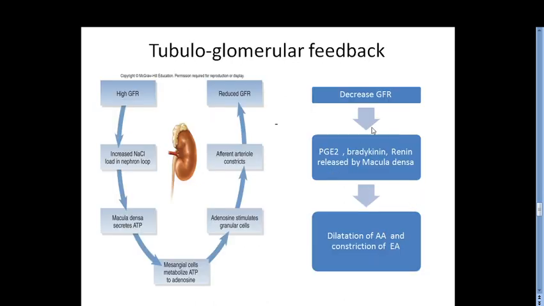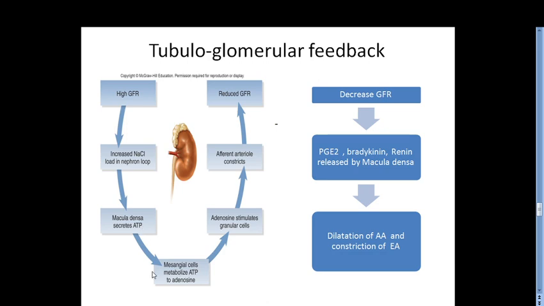Now, tubuloglomerular feedback is also an intrinsic mechanism. Suppose there is high GFR. What will happen? There will be an increased NaCl load in the nephron loop. We know there is a macula densa, which is a part of the juxtaglomerular apparatus, present in the DCT. It will sense the increased concentration of sodium chloride, and it will secrete ATP.